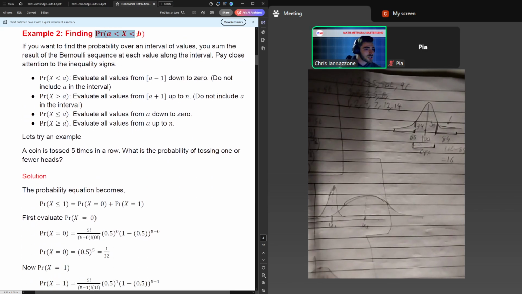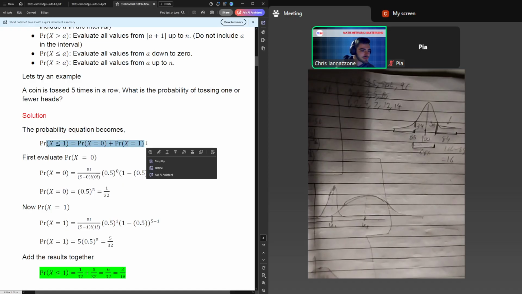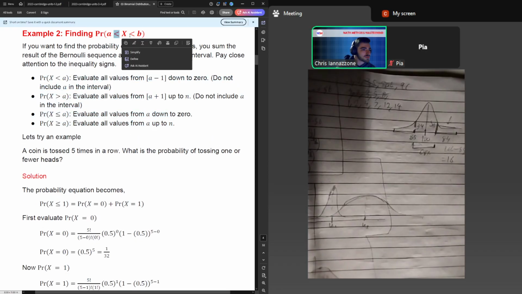As I said before, if you want to find a range of probabilities, you're going to have to add multiple Bernoulli sequences. In most cases you can circumvent that, but if you can't, then you have to bite the bullet and do it twice. I've got a little guide here, making sure you handle the inequalities in the right way.